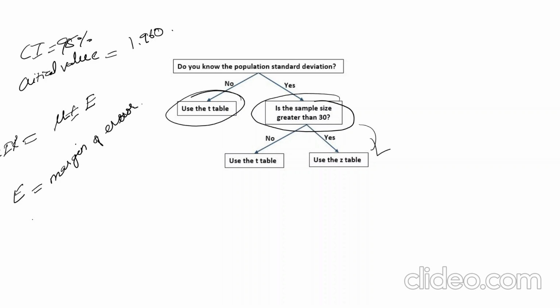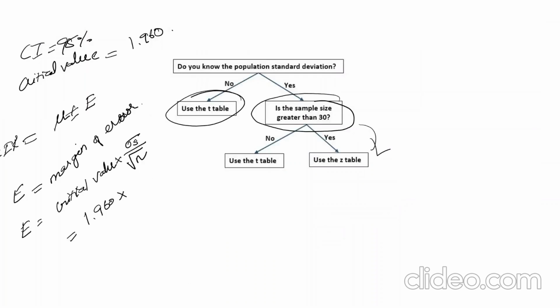So E is again given by the critical value times sigma sample by root n. Here the critical value is 1.960, into, I'm trying to find the margin of error, into the standard deviation which we have found.